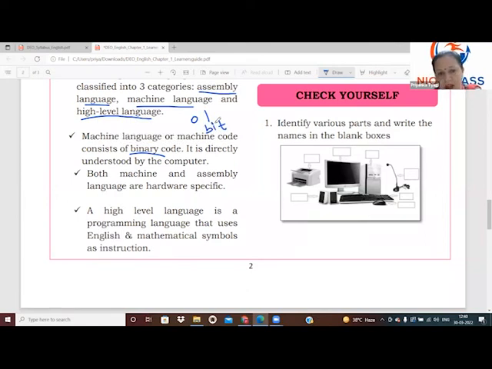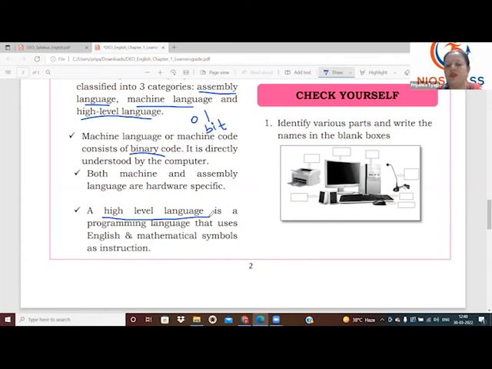But parallelly, this machine language has the capability to interact with the user. We are the user. And which language do we normally use to interact with the computer? English.